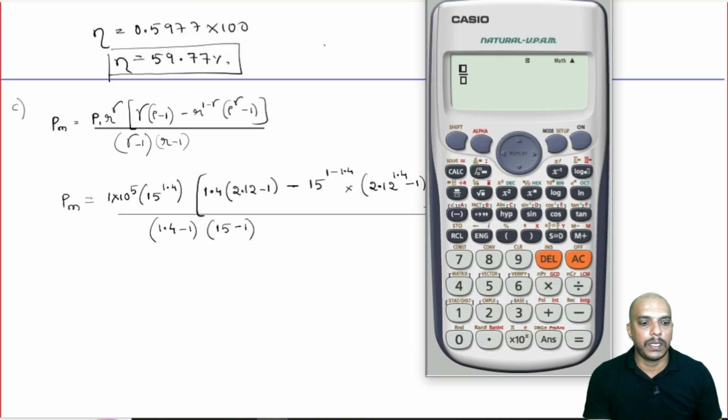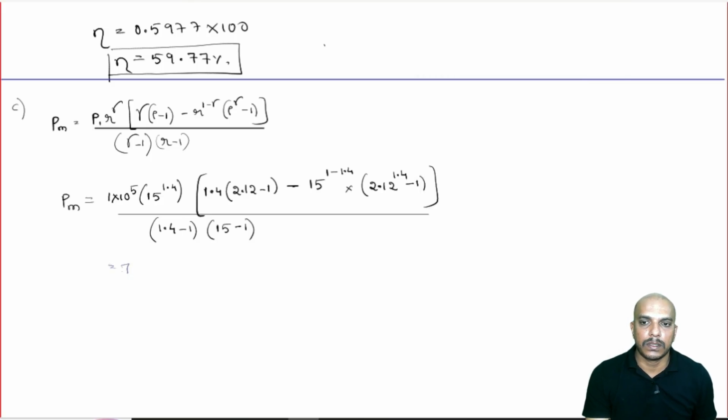So, 1 into 10 power 5 into 15 power 1.4, divided by 1.4 minus 1.4 into 15 minus 1, is 791.29 into 10 power 3. So, this is what is outside the bracket.